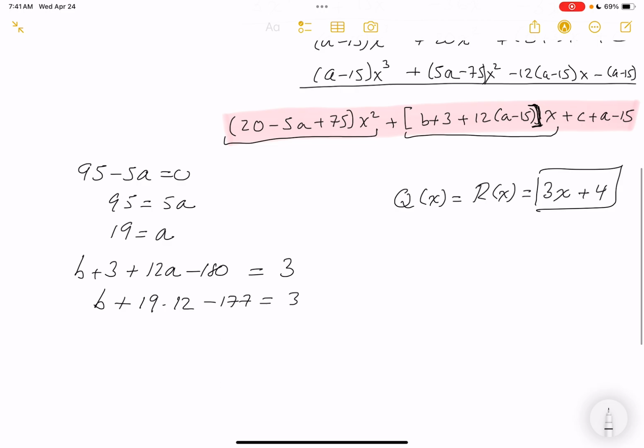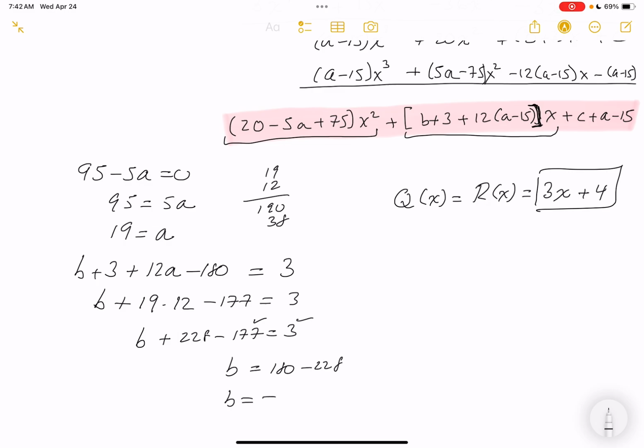Let me keep going through this. And I'm going to get b, let's do 12 times 19 now. 190 and 38, that's 228. And let's take a look at that. I'm going to write b down. I'm going to add this to both sides. That's 180 minus 228.